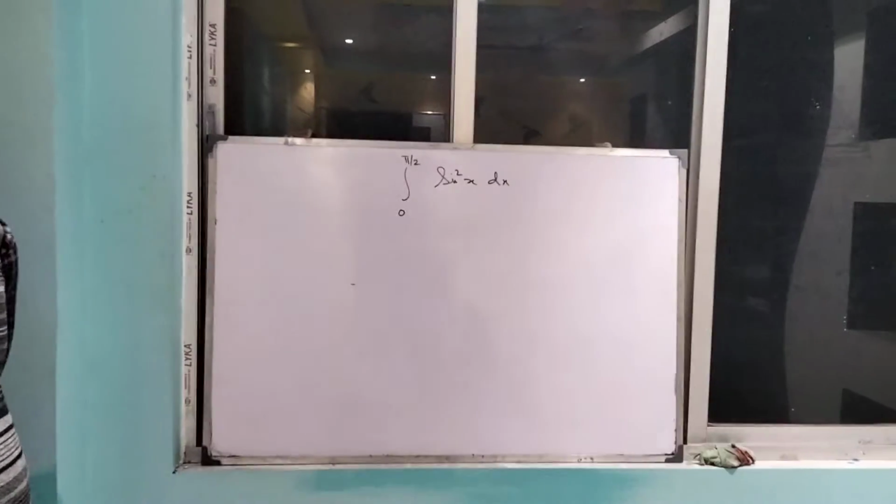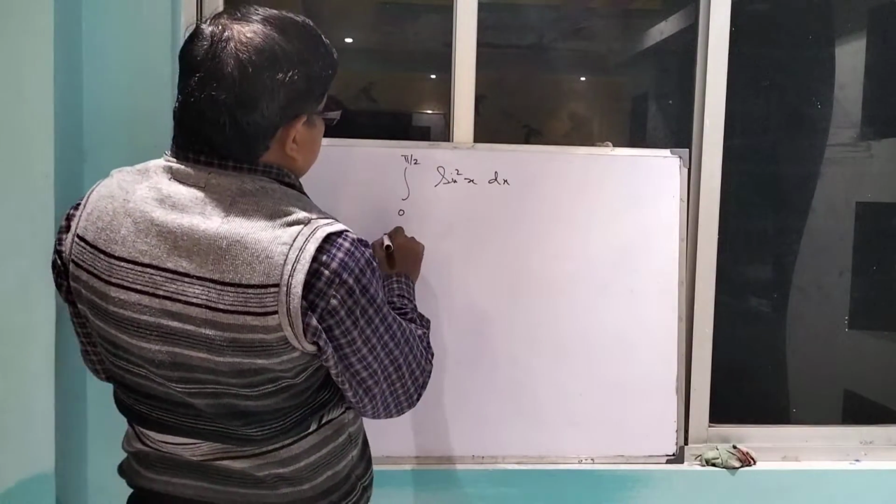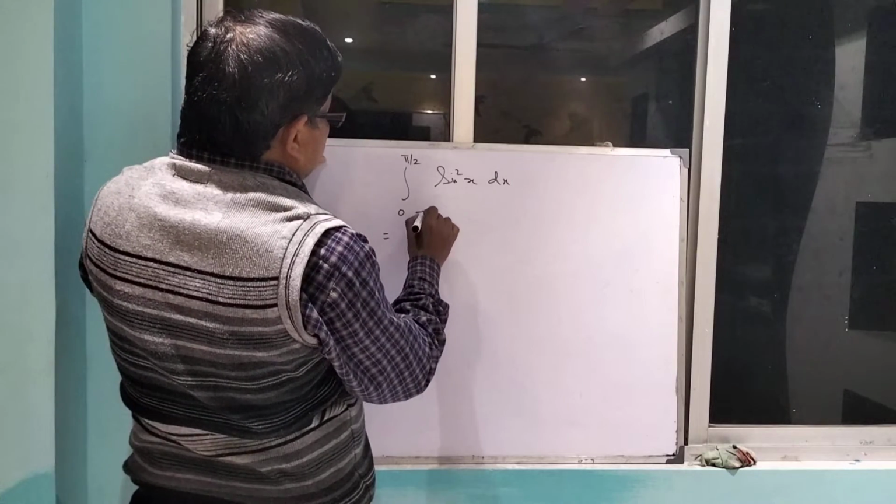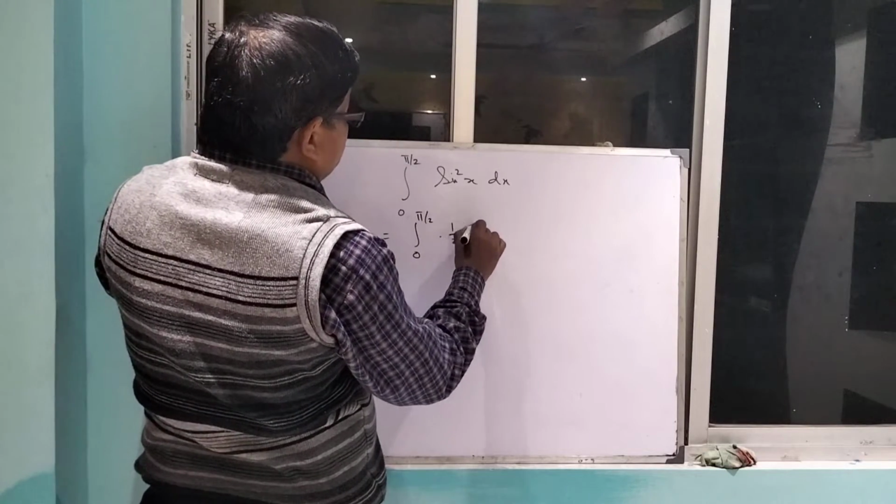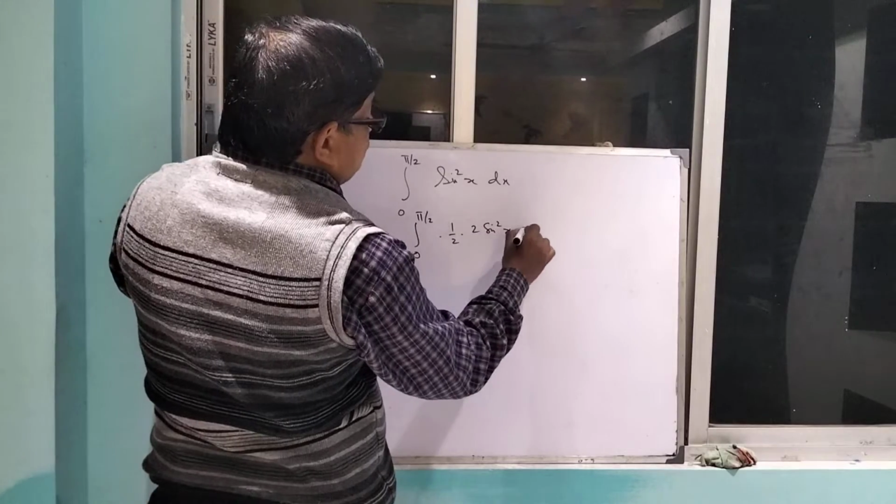Okay, simple integration, we can write it as a half of 2 sine square x dx.